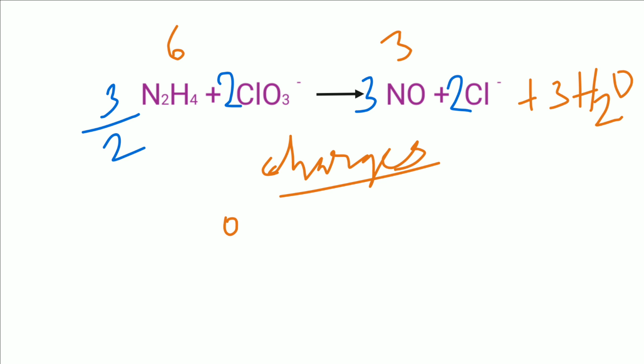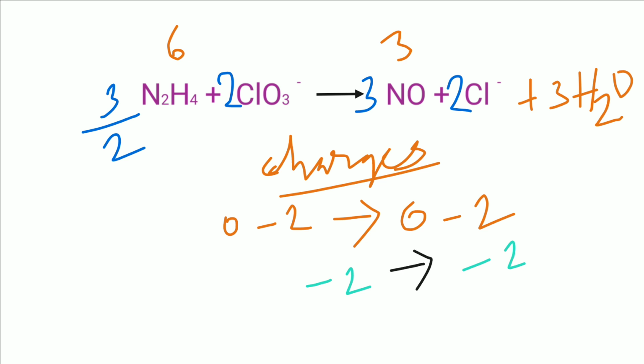The next, chlorate, has 2 negative charges. On the right hand side, nitric oxide is a neutral compound, so no charge. Chloride has a charge of -2. When we check both sides, the charge is -2 on both sides.